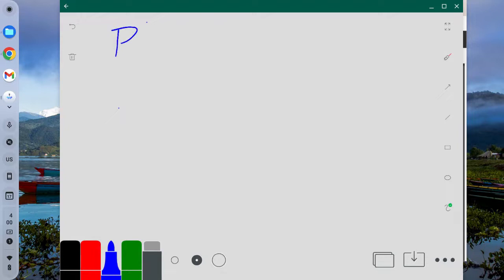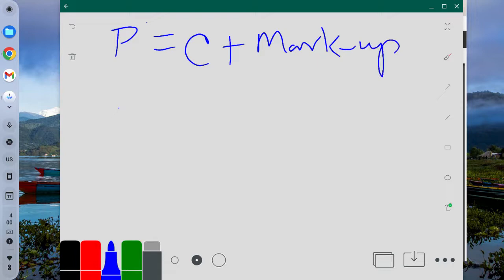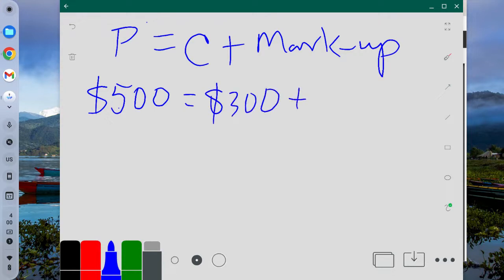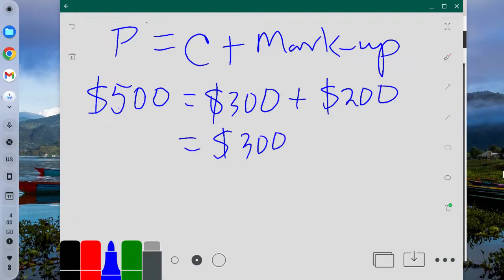And then, think about it. Since price is per unit production cost plus markup, and if the price of the computer is $500, and let's say its production cost is $300, we know that the markup is $200. Then think about it. $200 is some percentage of the cost.